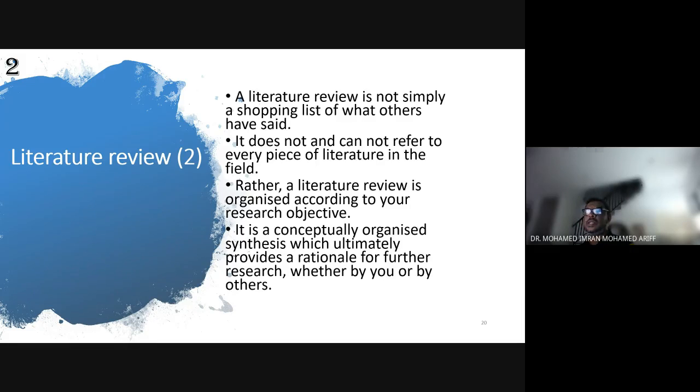Okay, so sekarang kita dah tahu semua orang cakap apa. So based on that, you have to synthesize this. So Ali memang cakap itu, Abu cakap macam ni, tetapi Ahmad cakap macam ni. So now what? So it does not and cannot refer to every piece of literature in the field.